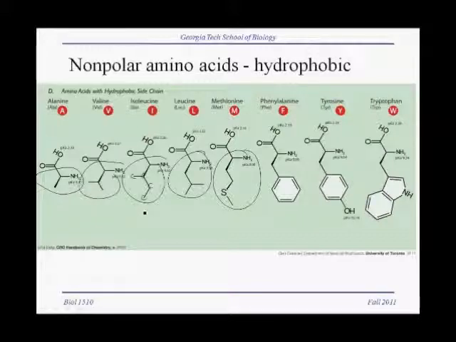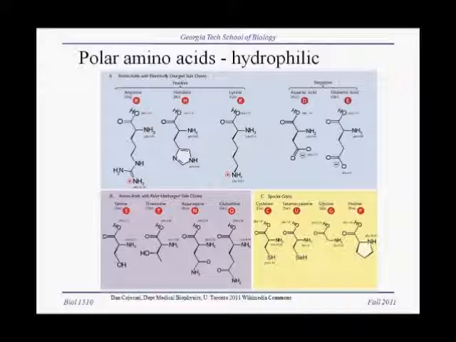So these are all non-polar side groups, and that makes them hydrophobic. Same for these molecules here. So amino acids with these non-polar side chains are all going to want to be in the center of a protein molecule away from water because they're all hydrophobic.